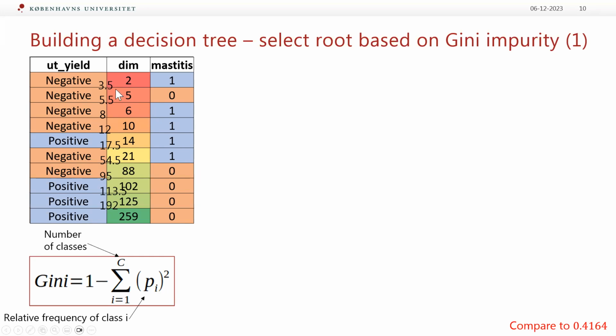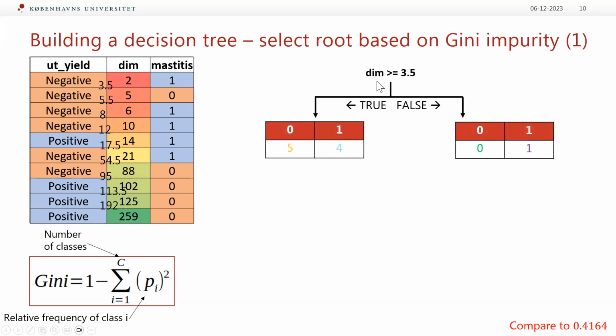And now we have to try each of these as a splitting condition to see which one works best. So we can start by using this first mean as a splitting condition and asking the question, is the Daily Milk greater than or equal to 3.5?